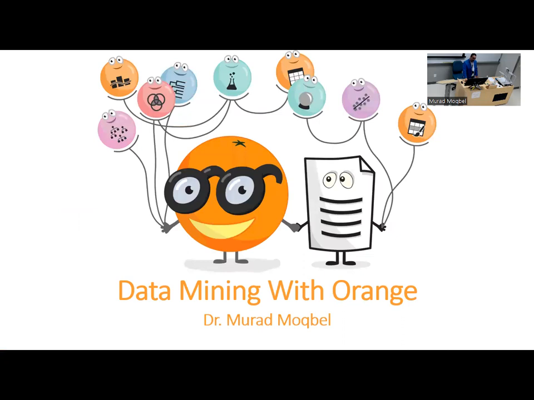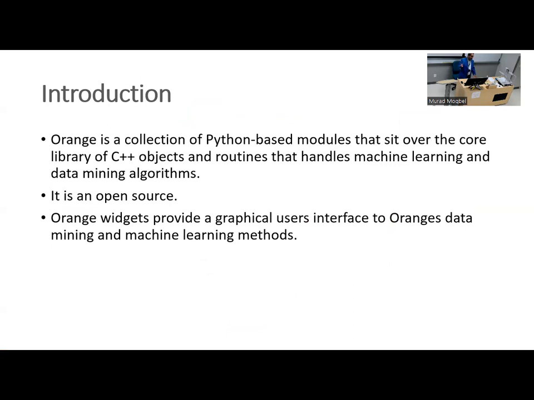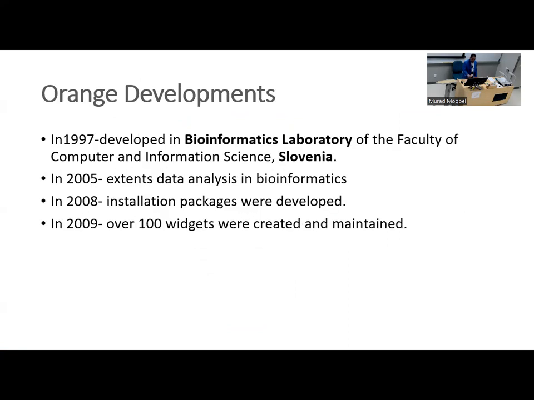Now, data mining with Orange. Orange is an open source software that was developed by scientists from Slovenia, which is in Eastern Europe. It is based on Python, and it has a library of C++ objects.